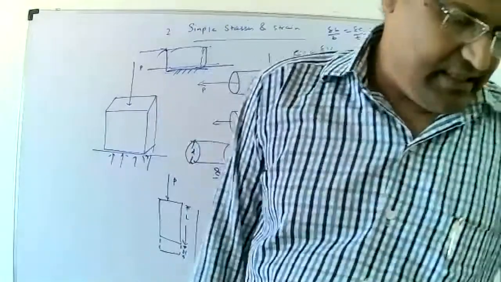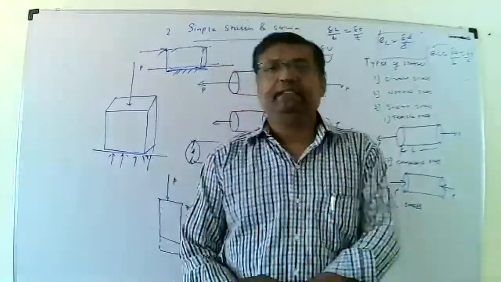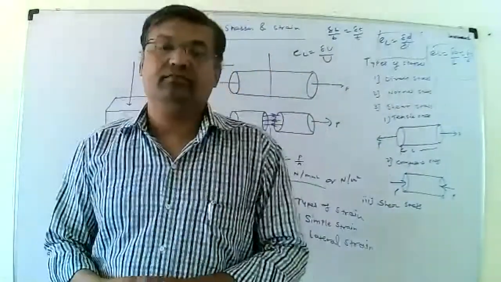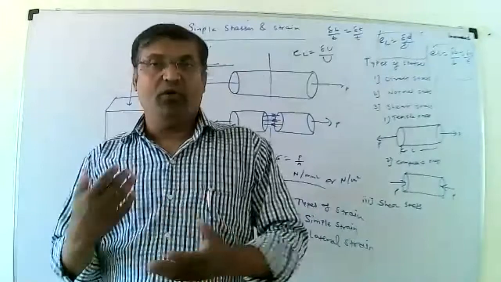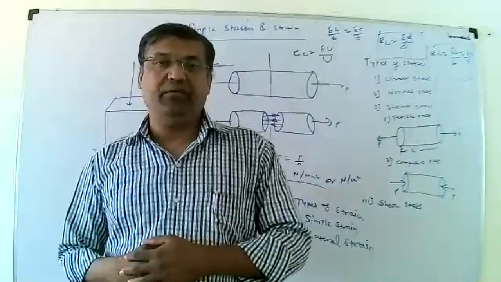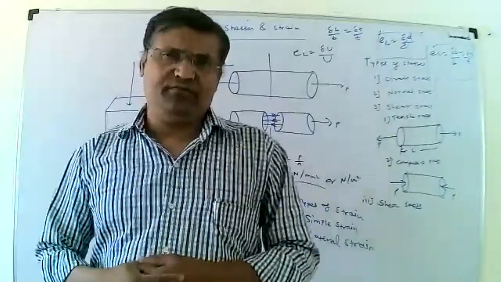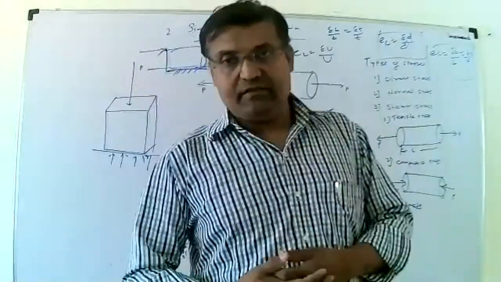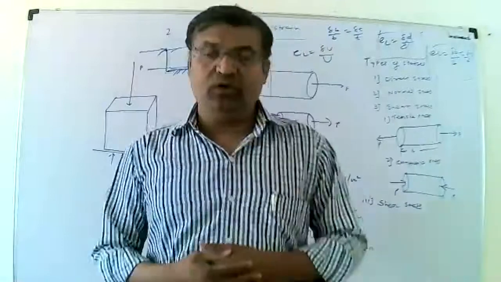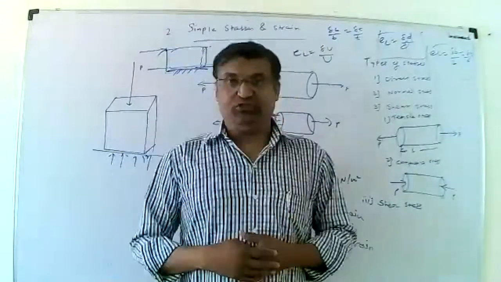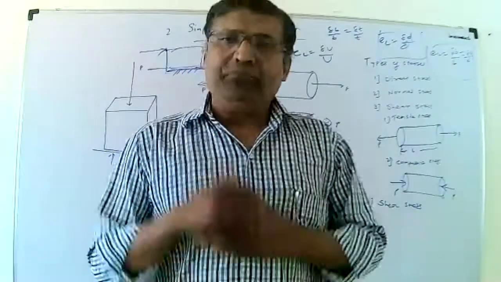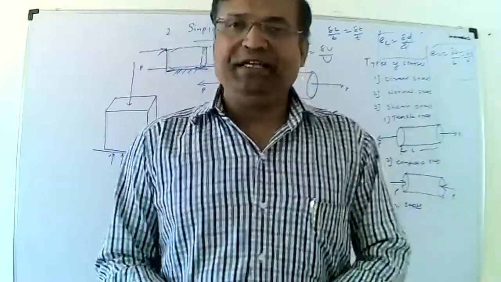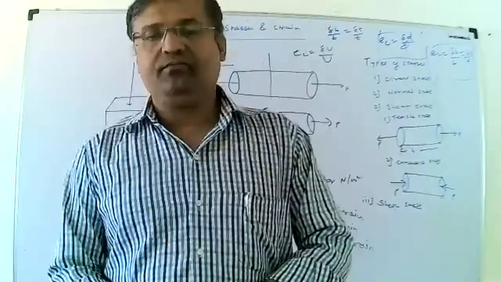The next concept we study is elasticity. What is elasticity? If an external load acts on the body at one end, the body will deform, that is, change in shape and size, and after removal of the external load, the body regains its original position. That property of the material is said to be elasticity.